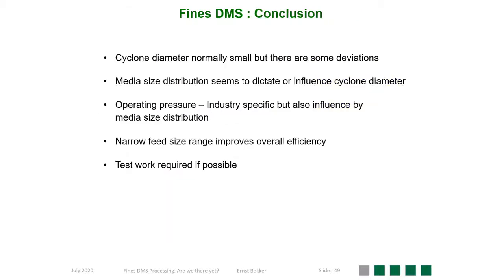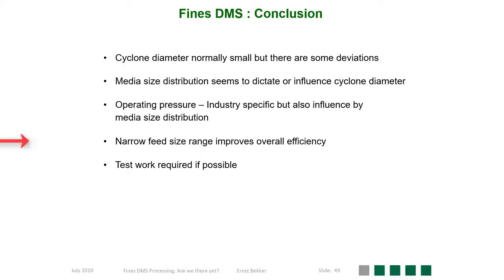So in conclusion, normally the cyclone diameter is small, but as you can see, there are some deviations. The media size distribution is important, but it also seems to be influenced by the cyclone diameter and operating head. Operating pressure, there's no certain standard at this point in time, but it seems that there are some industry guidelines, and that is what we as suppliers use at this point in time.